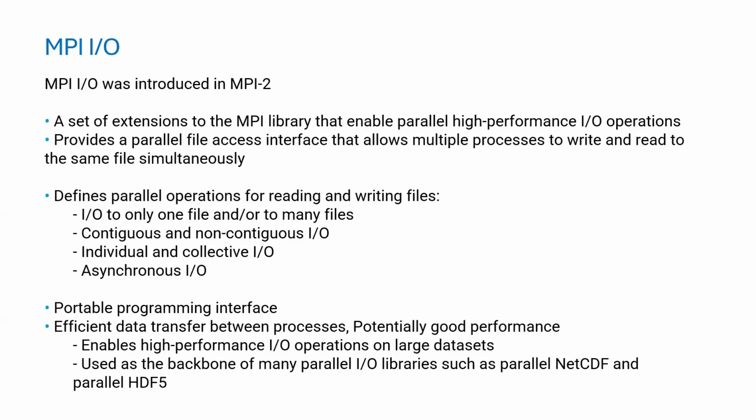As long as you have basic knowledge about MPI, you know it's a library, a set of library APIs, and in your program you make calls and the processes cooperate. The processes work concurrently to get your things done by a group of CPUs instead of one CPU, right? So it provides a parallel file access interface that allows multiple processes to write and or read the same file simultaneously.